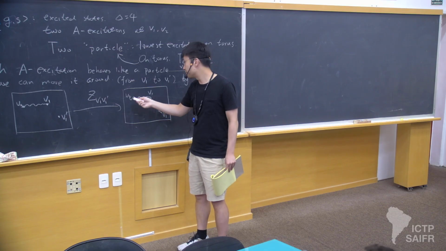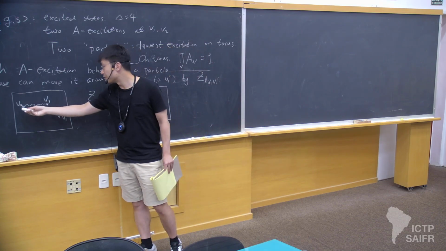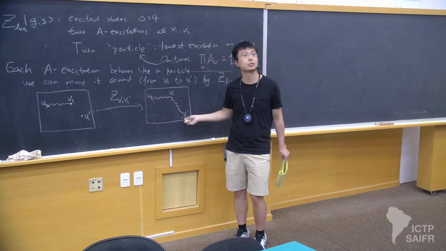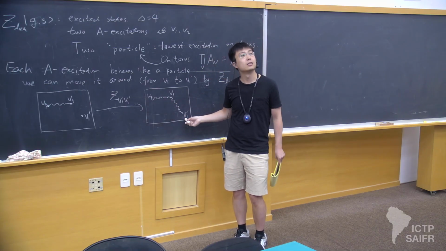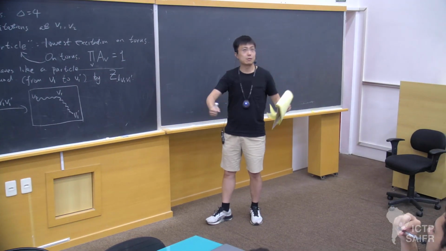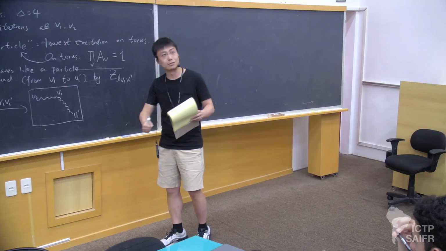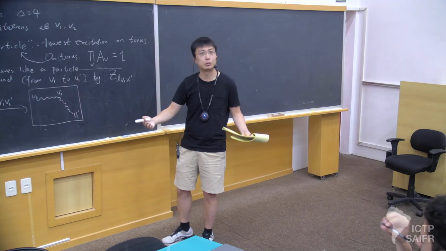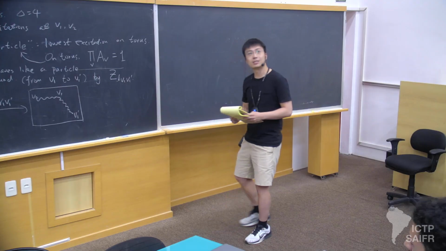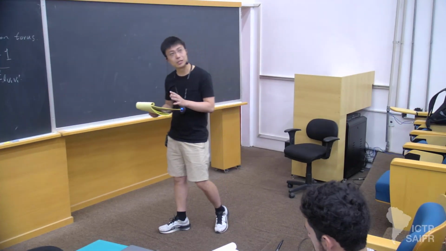So I started with a configuration with V2 excitation and V1 excitation. Now I have V2 excitation and V1 prime excitation. So what I have been doing is moving the particle from V1 to V1 prime. So I have operators that move these particles around. They really look like what we normally call particles, like your electrons or something, in many ways, not in every way.